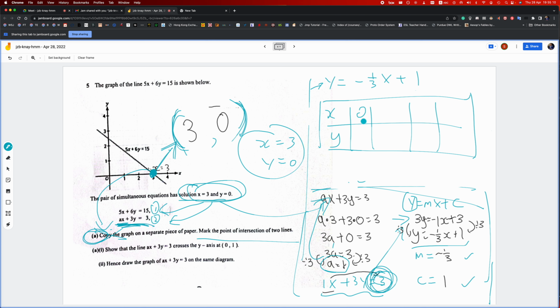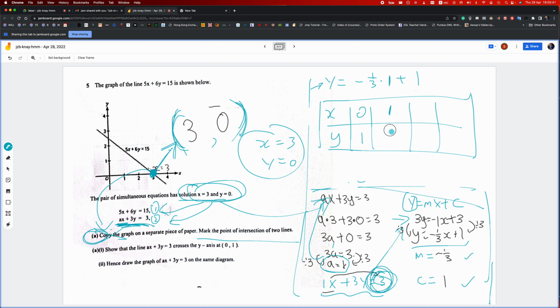When x equals 0, what's Y? So that means the x is equal to 0. What's your Y? 1. Yes.